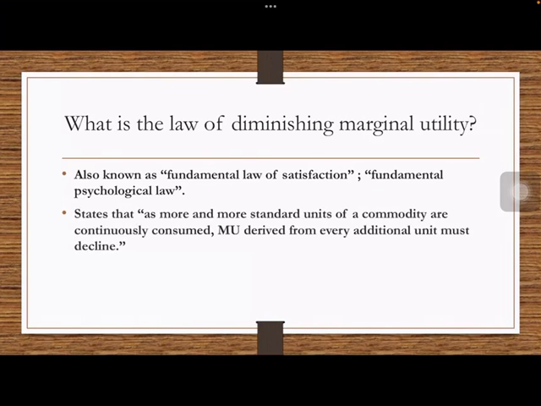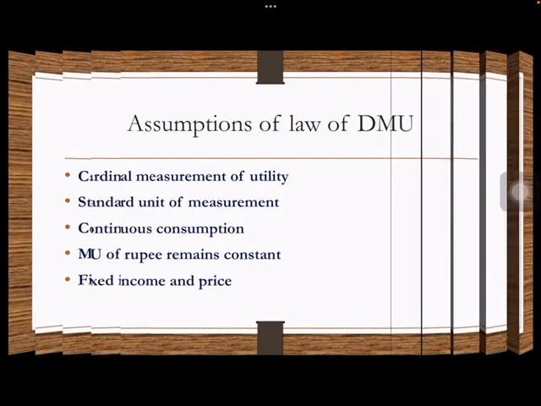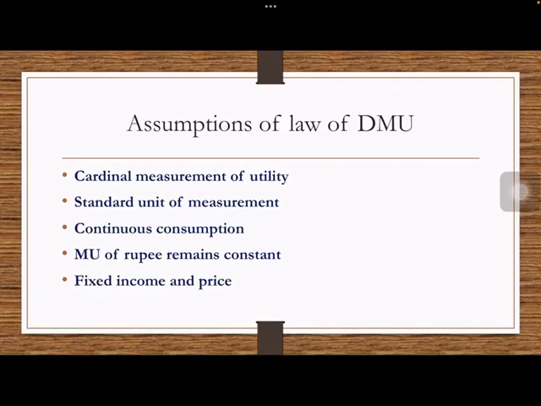This law can be explained with the help of some assumptions, some conditions. Number one, cardinal measurability of utility. Utility can be measured in terms of numbers. This is called cardinal utility. Next is a standard unit of measurement.